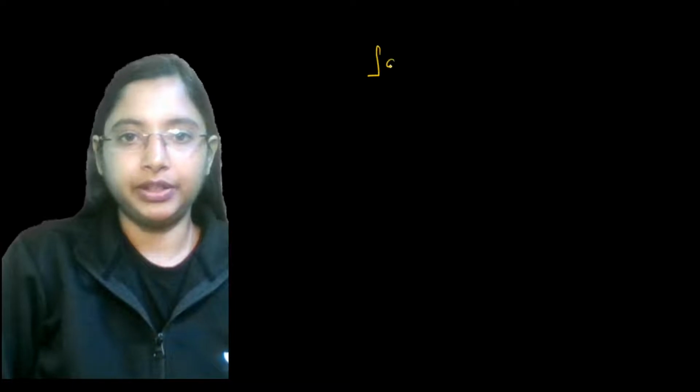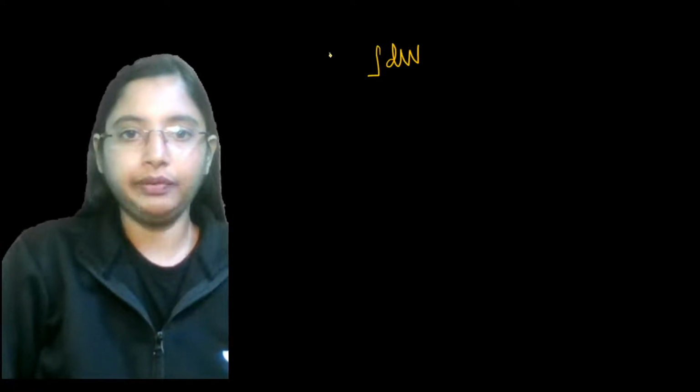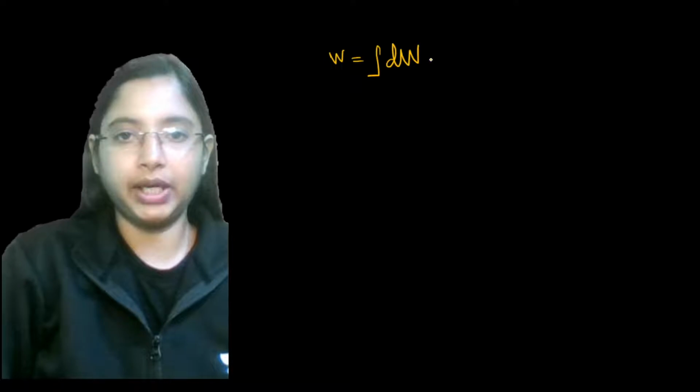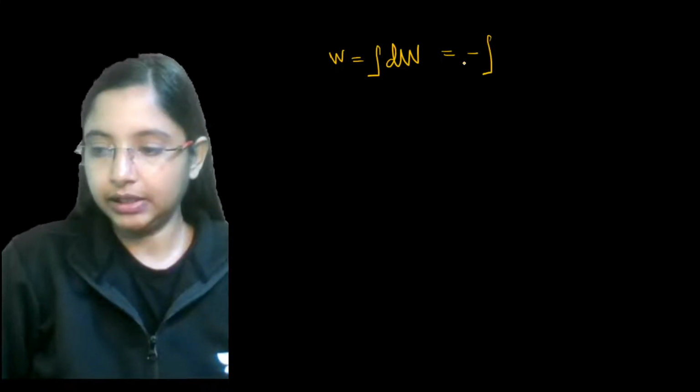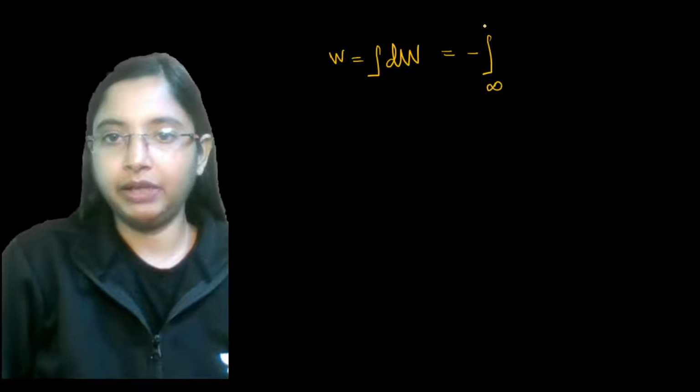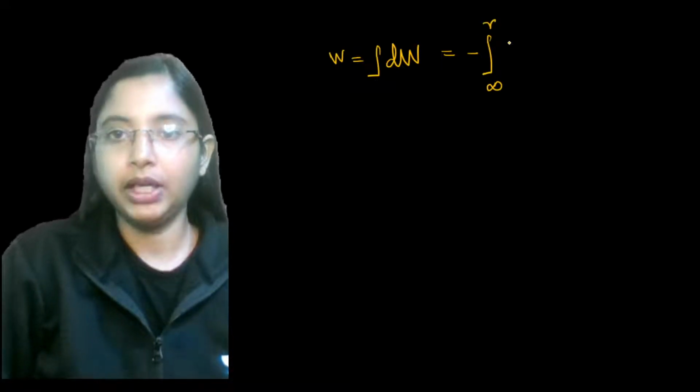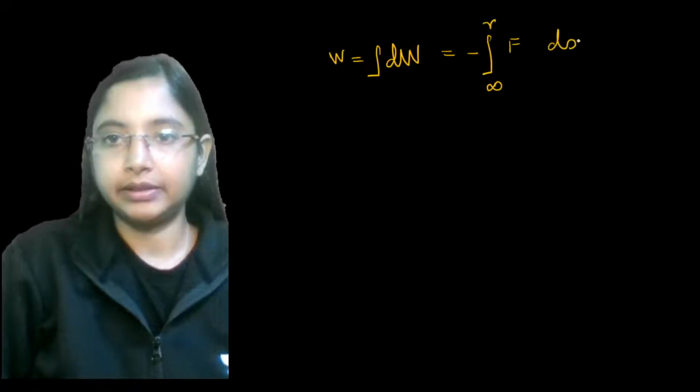Now, this integration of dW will give you the work done. So you're integrating this, and there's a minus sign, from infinity to r, F dx.